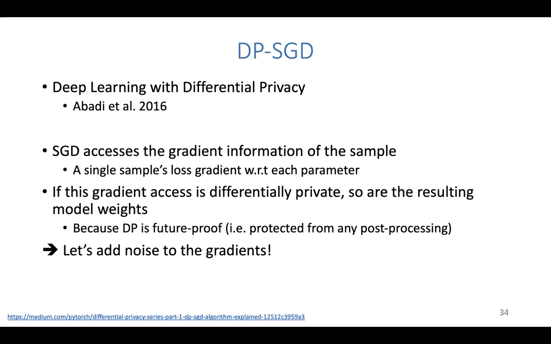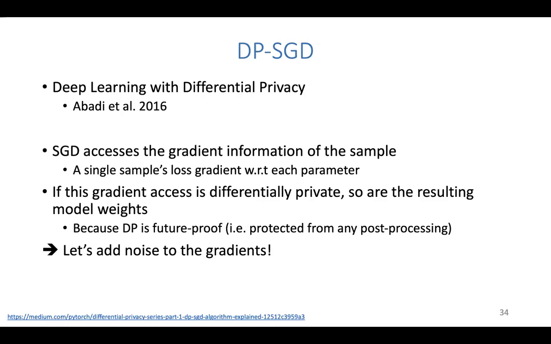There was future proof, there was group privacy, there was compositionality, and among all those properties, because of the future proof property, if accessing the gradient, which is querying, is differentially private, then all the resulting values from this process are also epsilon differentially private, because they are protected from any post-processing.